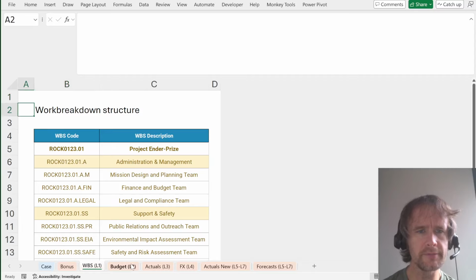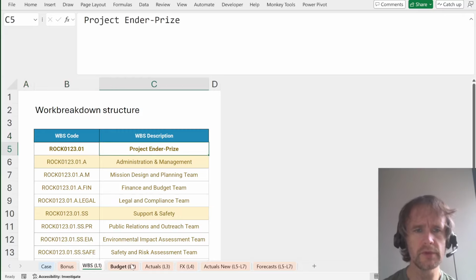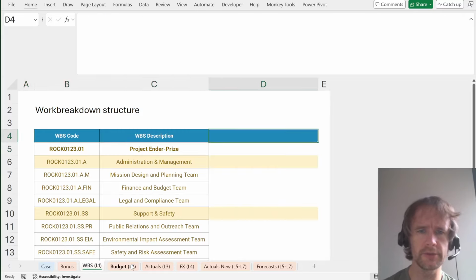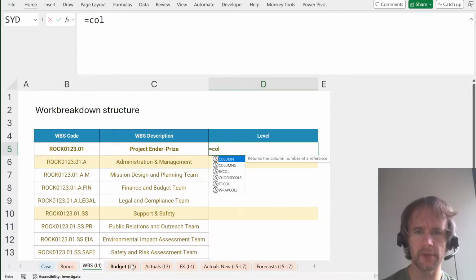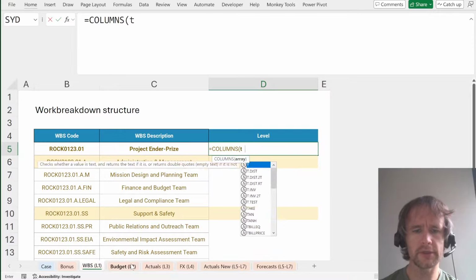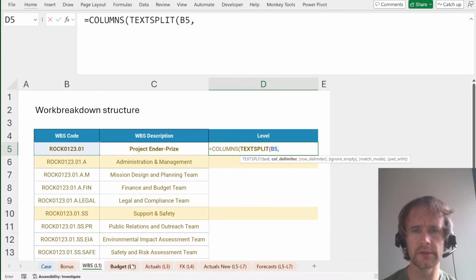So I feel like it will be helpful to just add a level here, which will be columns of text split of this on dot, minus 1.